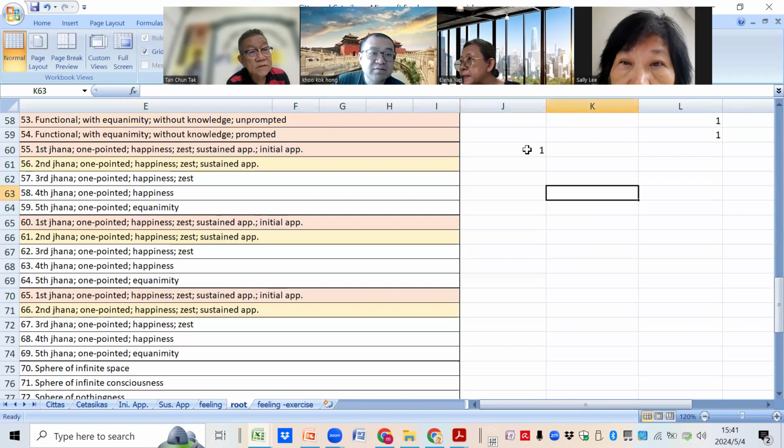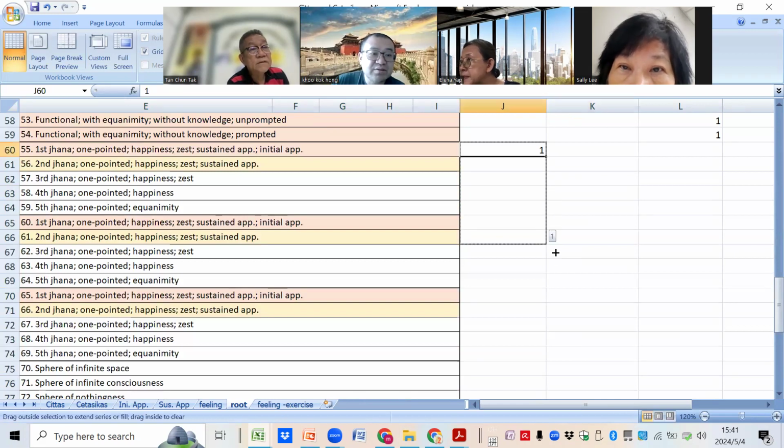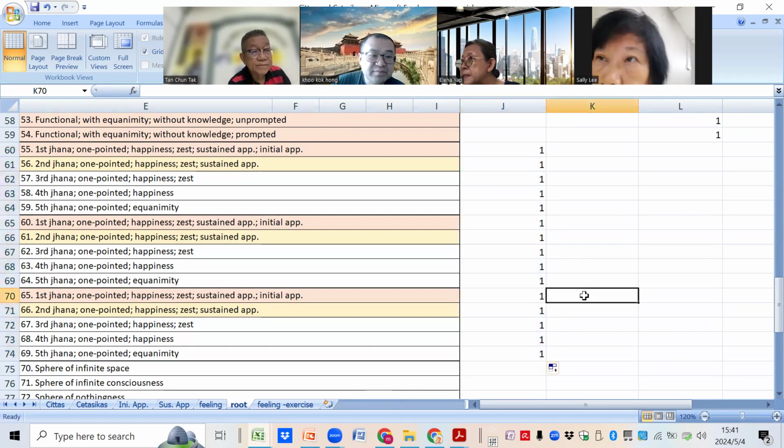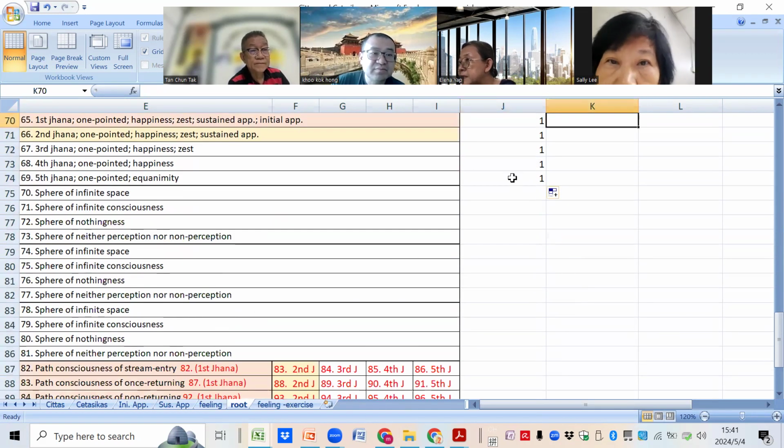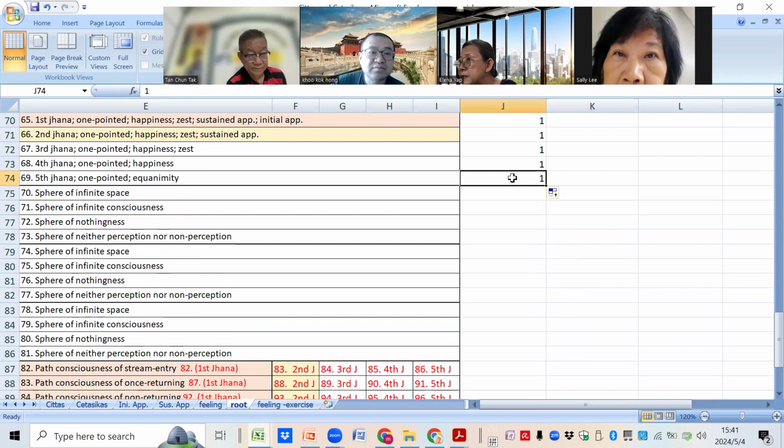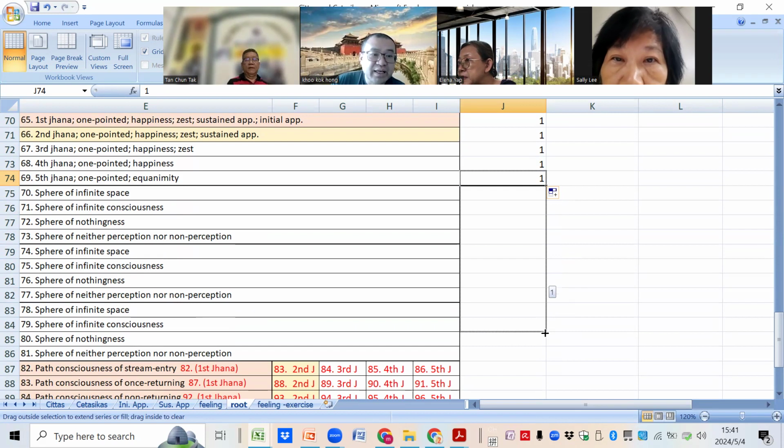Onward until when? Until 69. Okay, and then the formless also considered 3 root. Then from when do we start the formless consciousness? 70 all the way to 81.